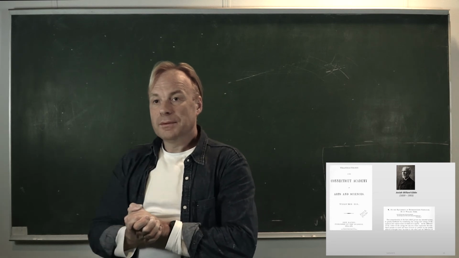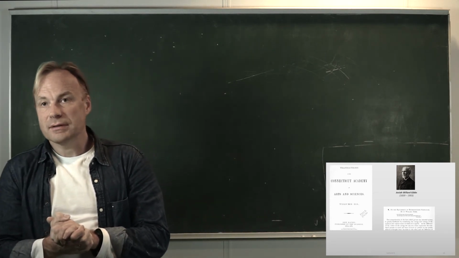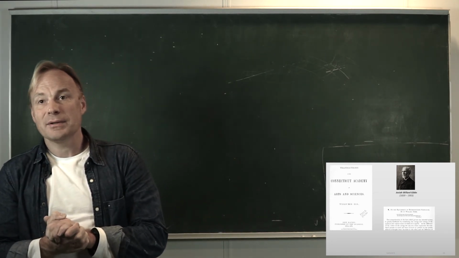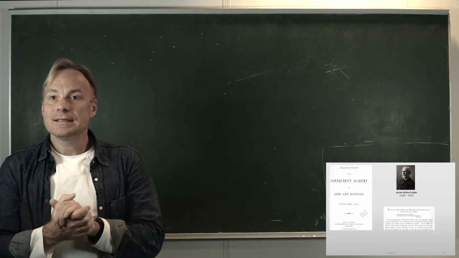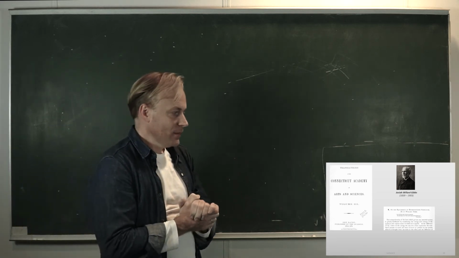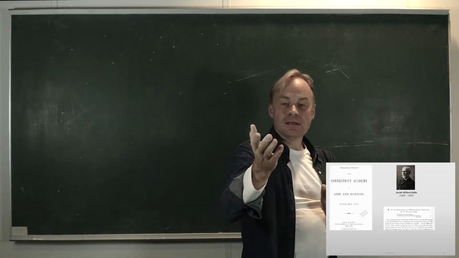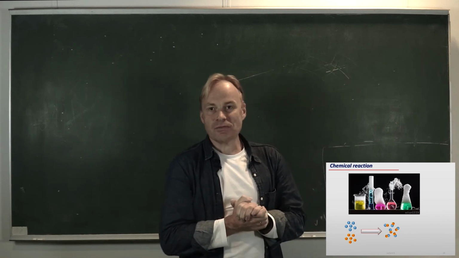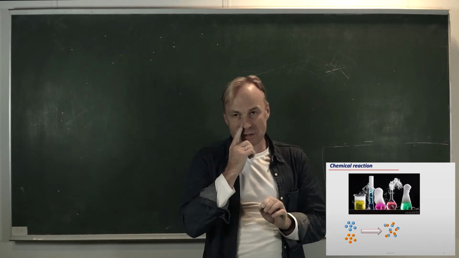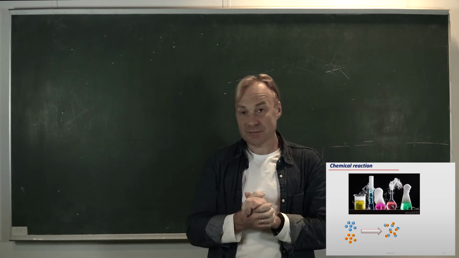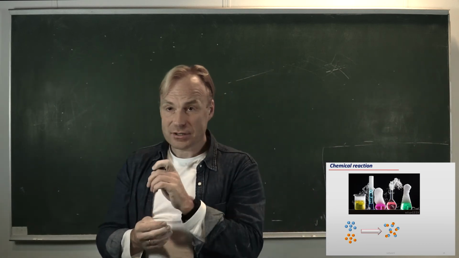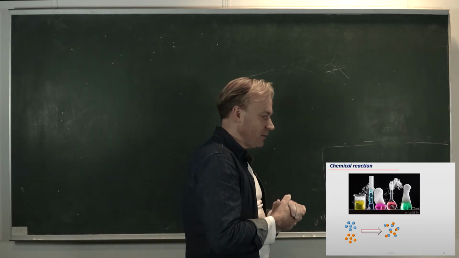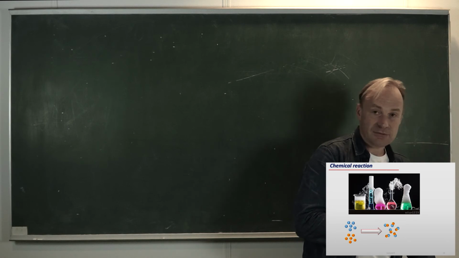And the final example that shows the importance of the concept of chemical potential is the example of chemical reactions. Here I have a pictorial demonstration of a chemical reaction where initially I have a mixture of two types of atoms, and as a result of chemical reactions we have a new compound which is built out of these two types of atoms.